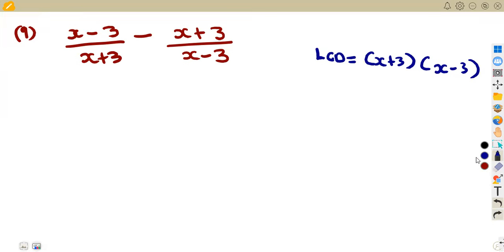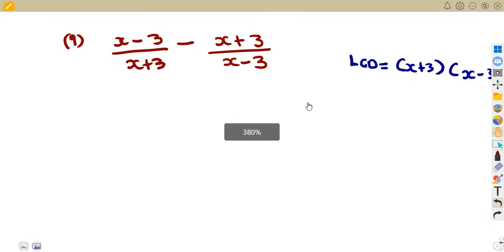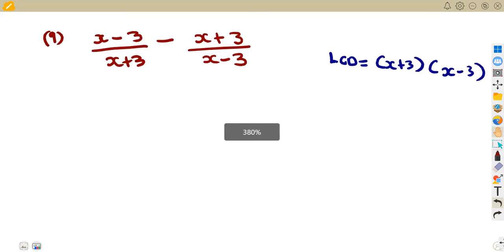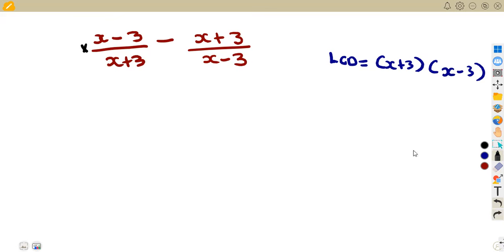So here we are going to multiply. So we are given x minus 3. Let me just multiply on top, guys, as it is, so that we do not waste much time here. Here, like I said, we are going to need x minus 3. But remember what I said, whatever you need so that this can be changed to the LCD, you must do it to both the numerator and the denominator.